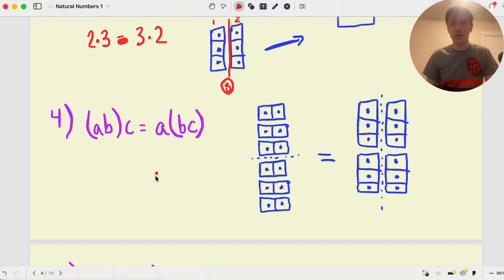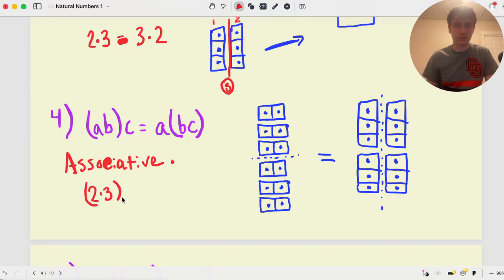Then I have the associative law. So this is the associative law again for multiplication. And just as an example, if I have 2 times 3 times 2, I want to show that that's the same thing as first taking 3 times 2 and then multiplying that by 2.